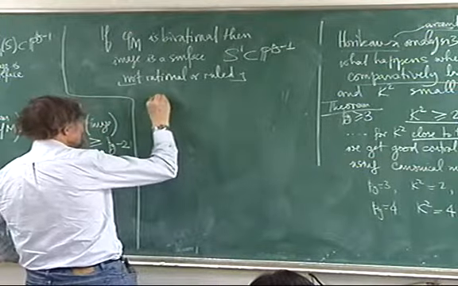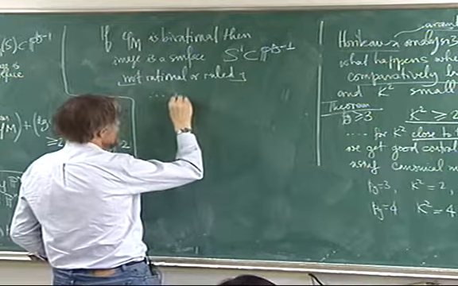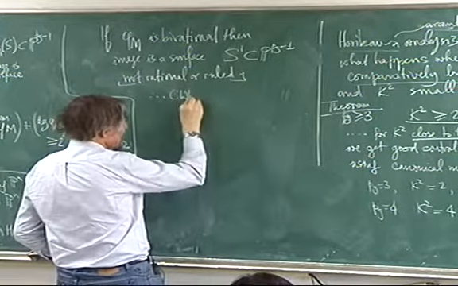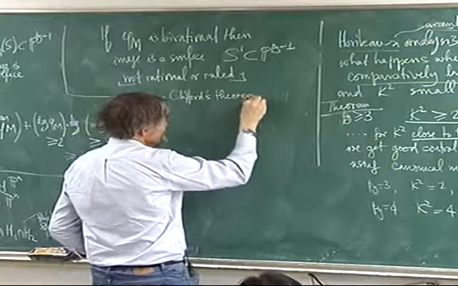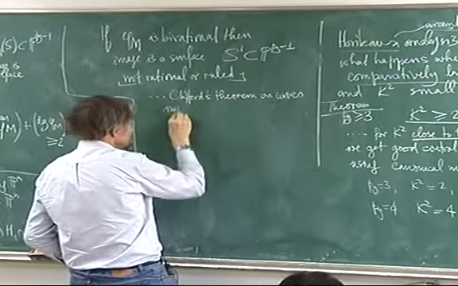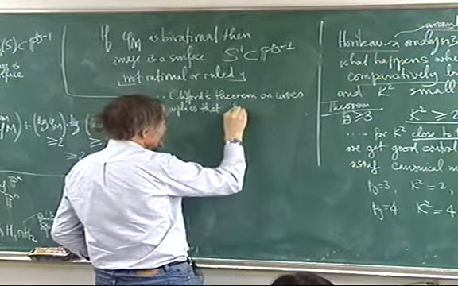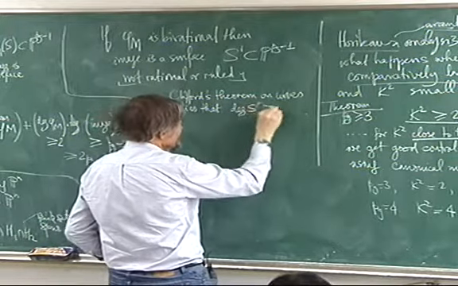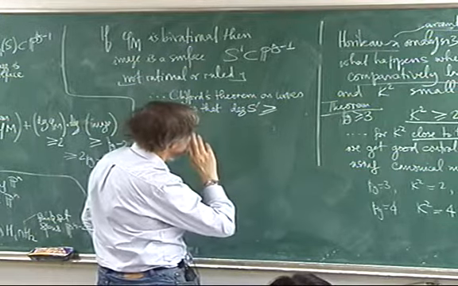Then Clifford's theorem on curves implies that the degree of S prime is greater than or equal to the degree of a K3 surface in the same space.